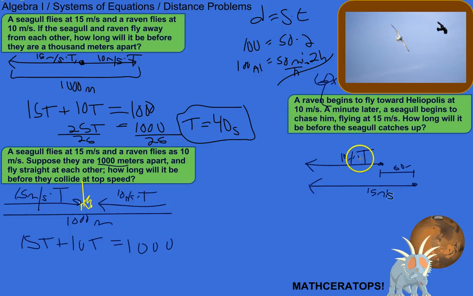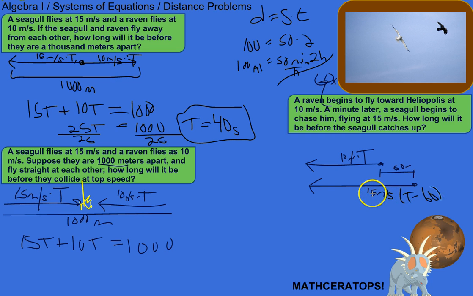But essentially, the raven has a head start of 60 seconds. So you can think of this as t minus 60.